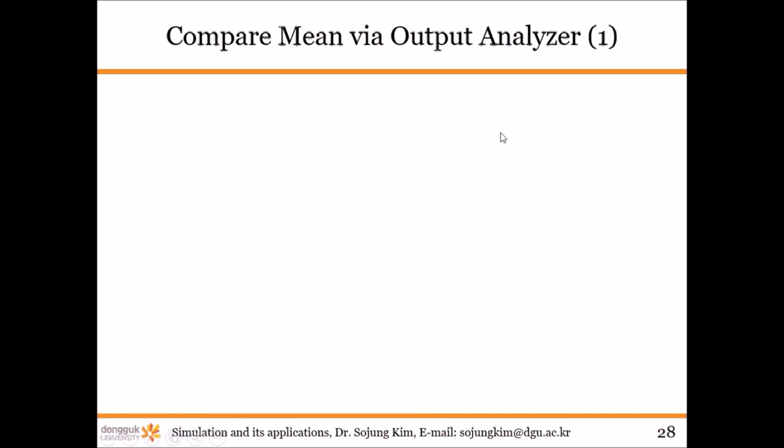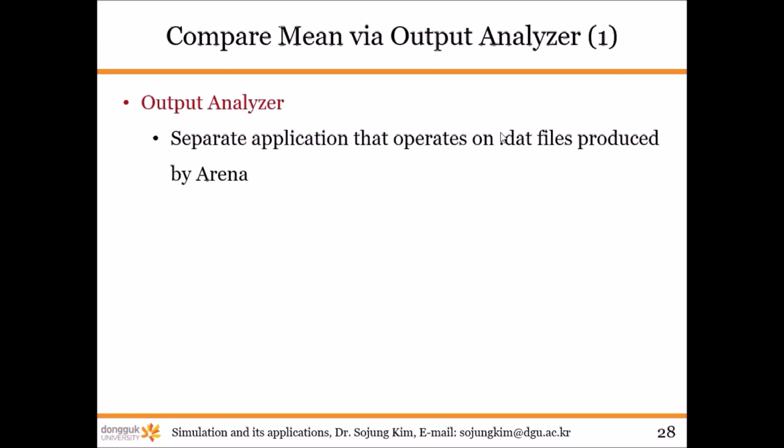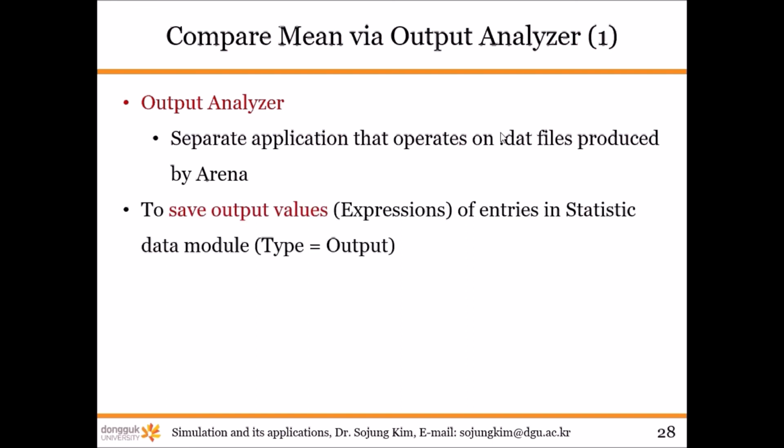Got it. In Arena, you have software called Output Analyzer, and that software will help you to conduct the paired t-tests. In order to do that, you have separate DAT files having the different statistical results generated by Arena, and in order to save the output file, you need to specify the file name in the Statistic data module.